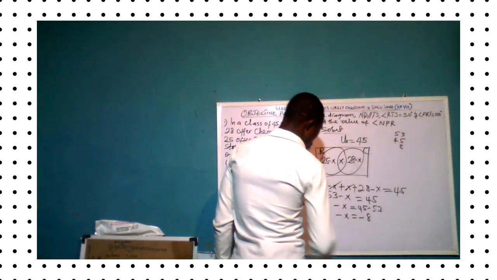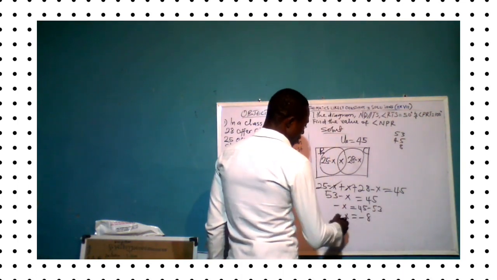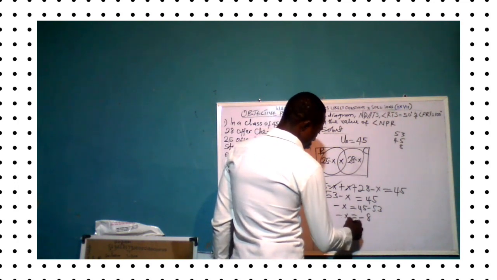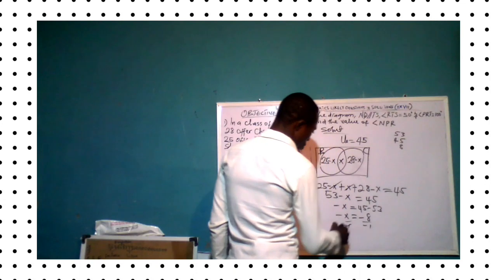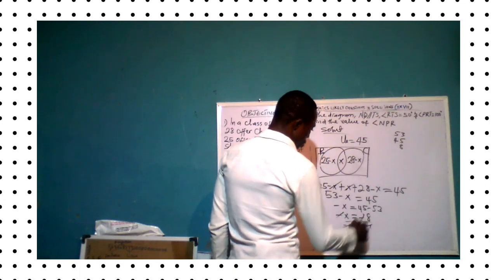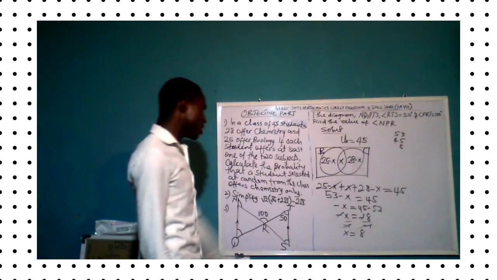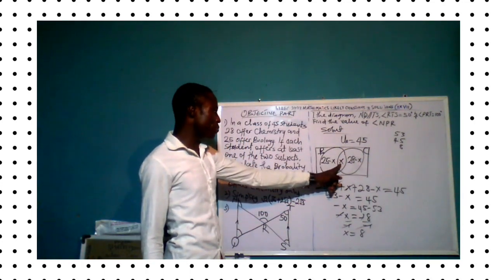So you have minus X equals minus 8. If you divide both sides by minus 1, the minus signs cancel, and you have X equal to 8. So you have 8 students offering both biology and chemistry.